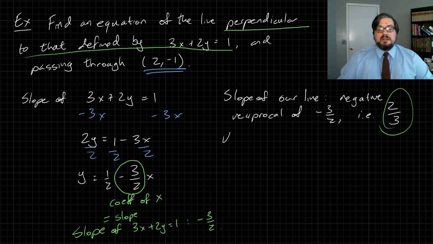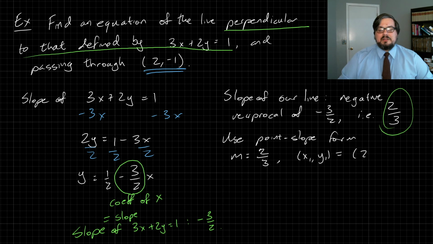So we can use the point-slope form with the slope being 2/3 as we just found, and then x1, y1 being 2, -1, the point that we're given at the beginning.